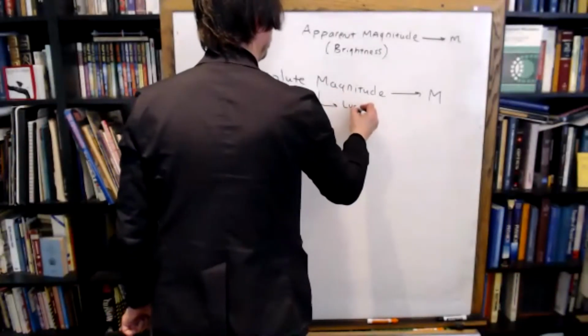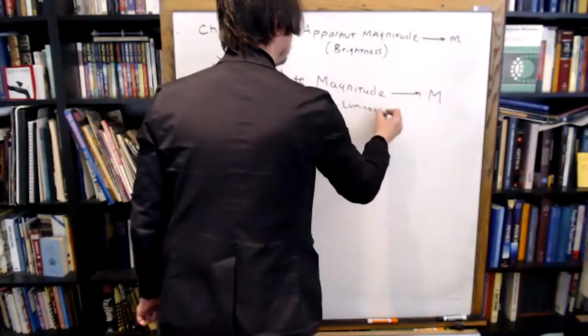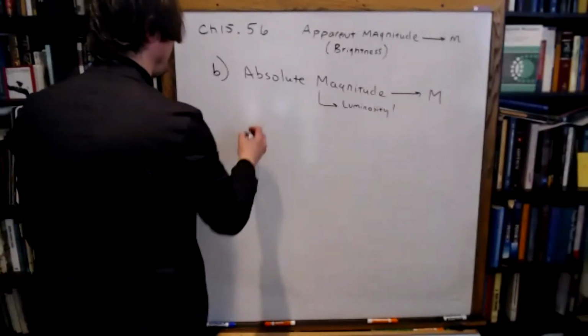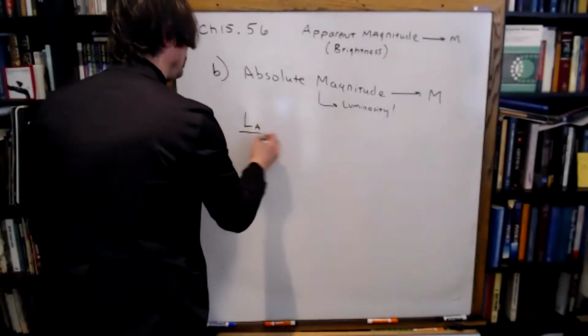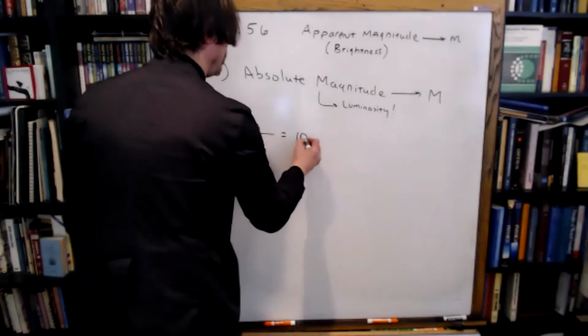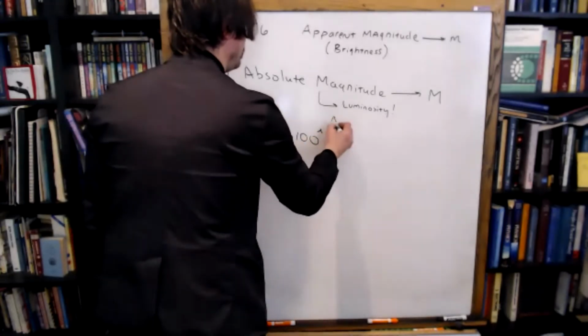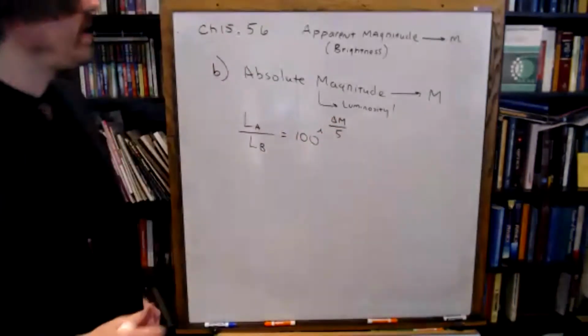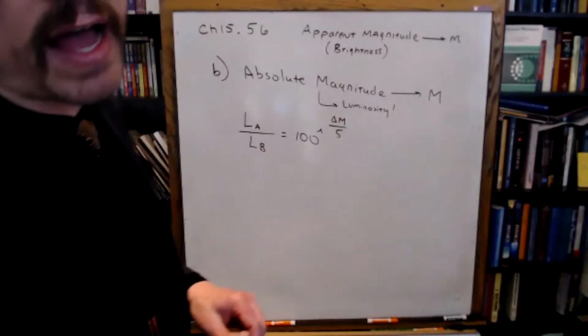So absolute magnitude is a tracer of luminosity. And the formula is exactly the same. The ratio of luminosities from an A star, which is brighter, to a B star, which is dimmer, is 100 to the power of the change in absolute magnitudes divided by 5.